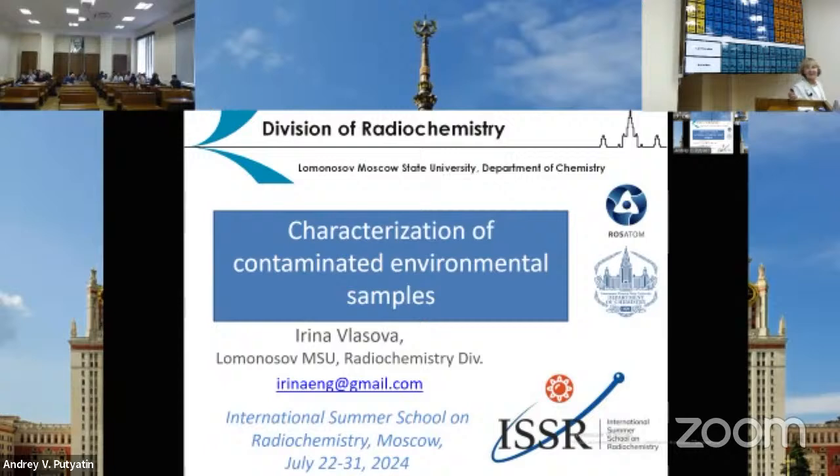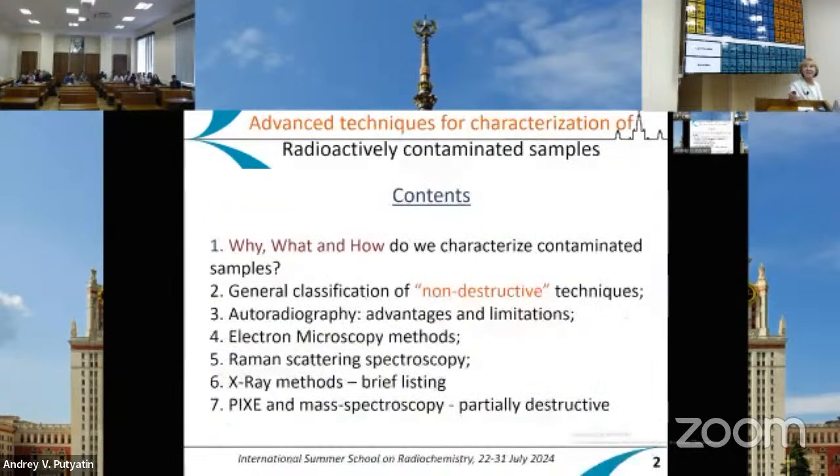Hello, everybody. We will speak about characterization of contaminated environmental samples. And the contents of our lecture is, firstly, we will speak about why, what, and how do we characterize contaminated samples.